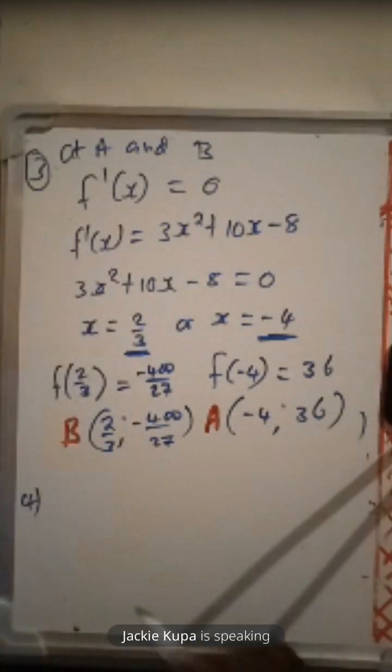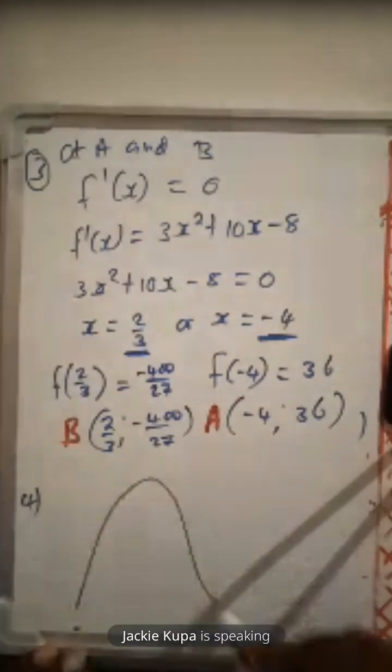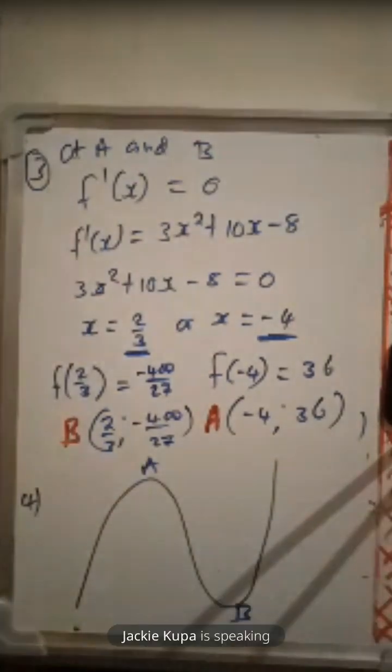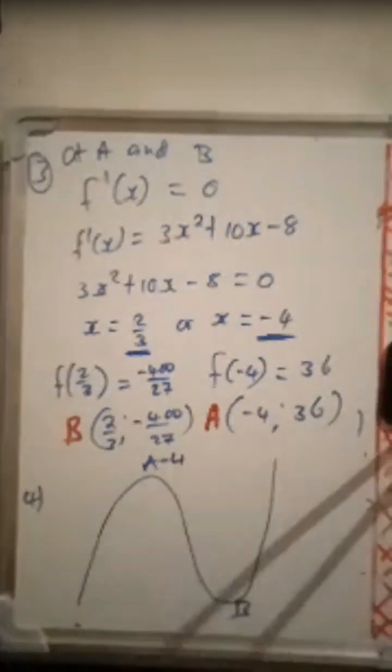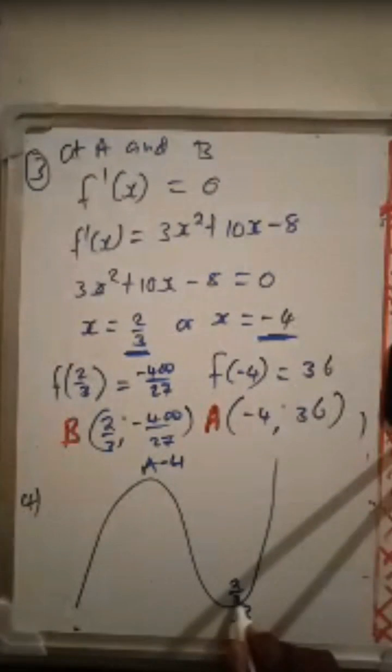Decreasing is from A to B. What is the x value at A? It's negative 4. What is the x value at B? It's 2 over 3.